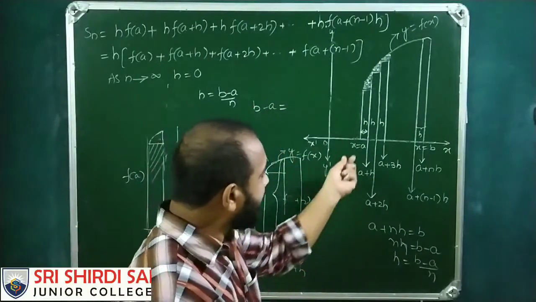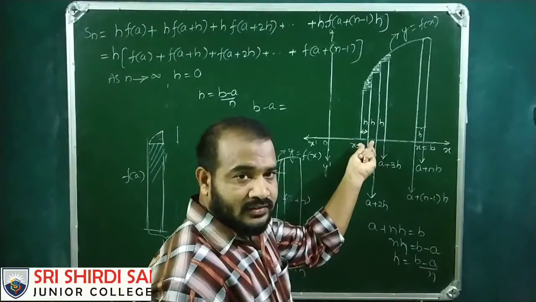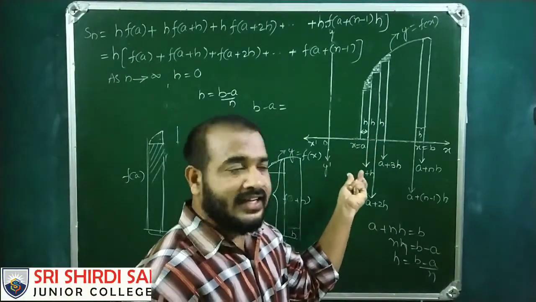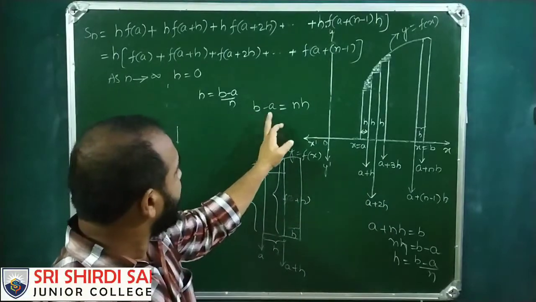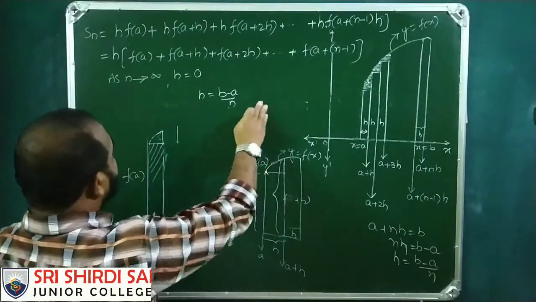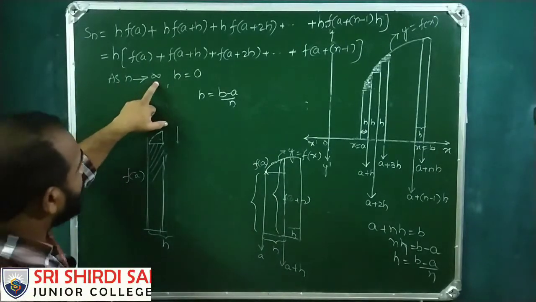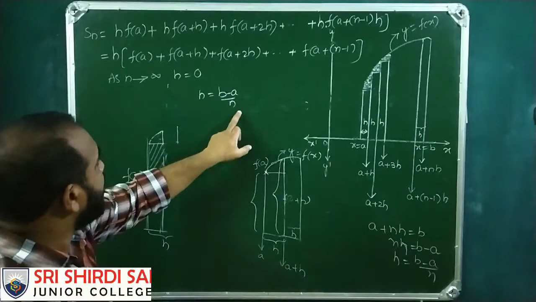Since it has n rectangles, each having the width h, so nh. So it is connected by the relation b minus a is equal to nh. So h is equal to b minus a by n. So as n is tending to infinity, h is equal to b minus a by n.